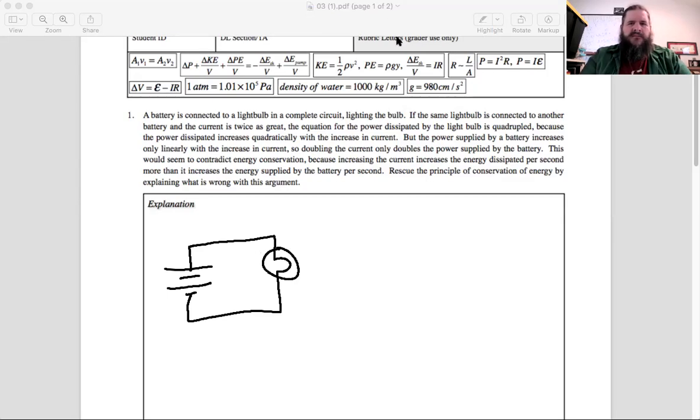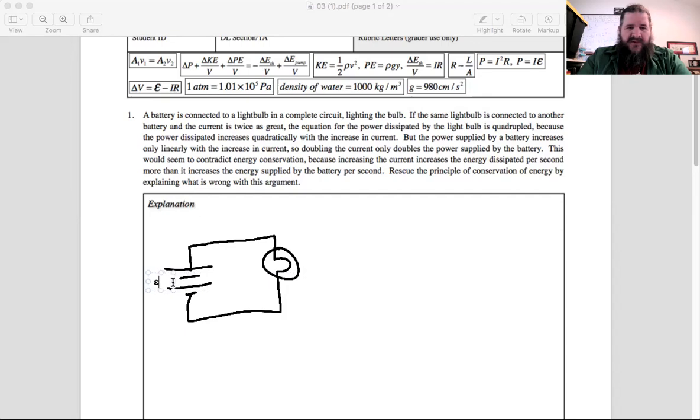And what do we know about this? Same light bulb is connected to another battery and the current is twice as great. So in this one, we've got some voltage, some resistance, and let's say delta V is epsilon. So this battery has a delta voltage of epsilon.